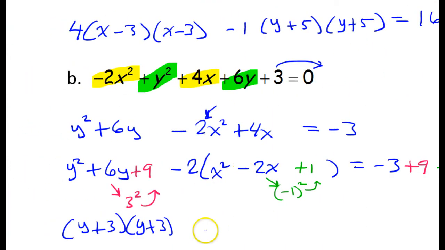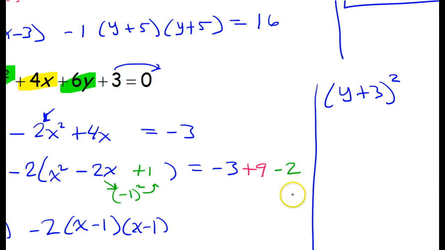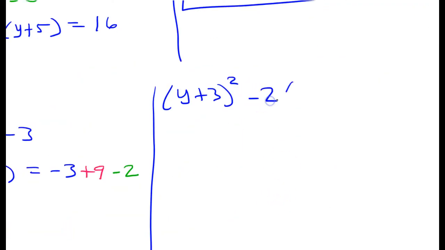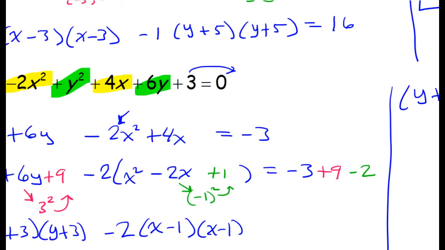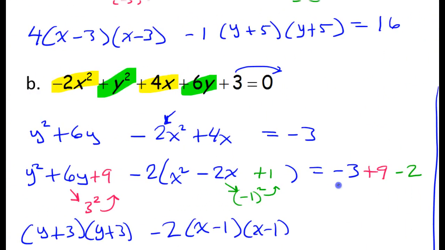Okay, now this part, I've got the negative 2 of course, but the trinomial will factor as (x minus 1) times (x minus 1). So I could write that as negative 2 times (x minus 1) squared. Now if I add these three numbers together, I'm going to get 4.